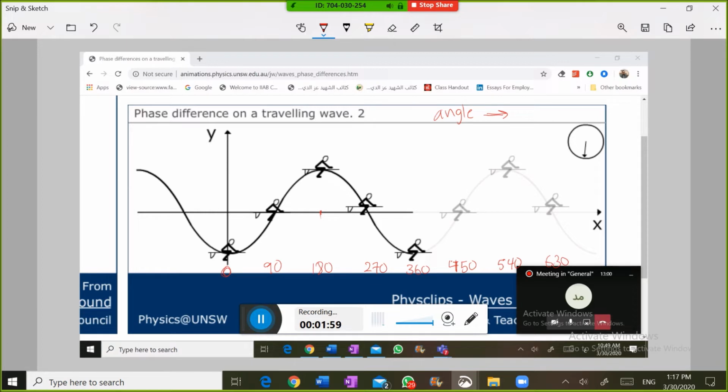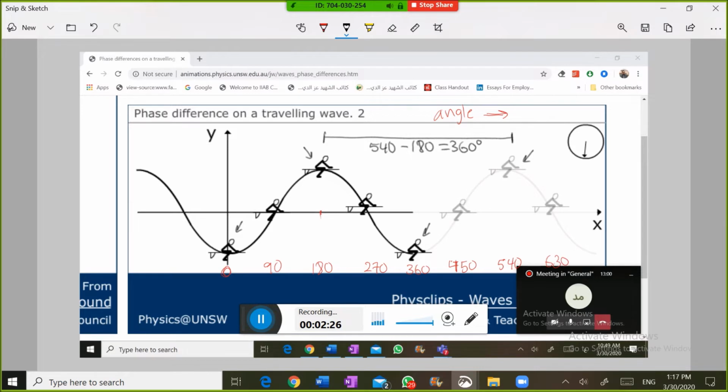If you take the phase difference between this point and this point, which is 540 minus 180, I will get 360. So they are oscillating in phase. This particle and this particle are oscillating in phase too.